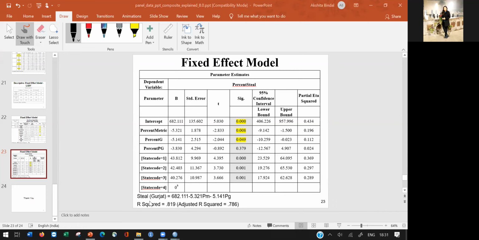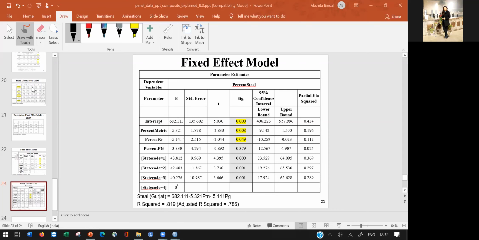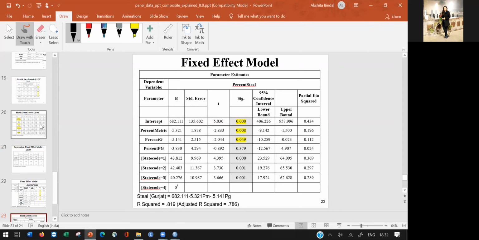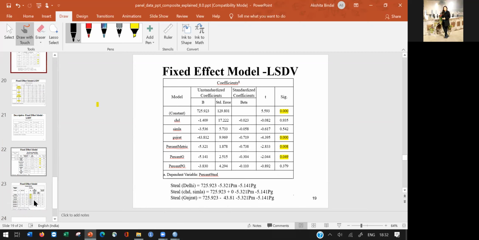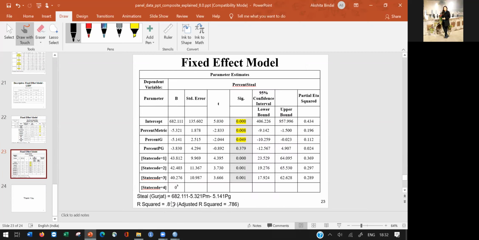If I calculate the steel rate of Gujarat, then 682.111 is my intercept term. And in my fixed effect LSDV model, 725.923 minus 43.81 comes out to be 682.111. My other coefficients come out the same, and the significance level is also the same.